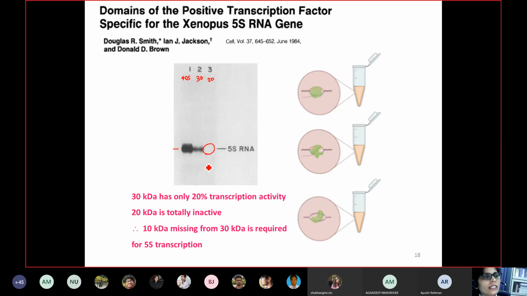So if you have seen TFIIIA, as well as other transcription factors, what we are talking about, they take the full protein, chop it into pieces, and then analyze its smaller domains to see whether the smaller domains are also working exactly like the wild type, for example, in which of these smaller fragments the transcription activity coming from the wild type is residing.